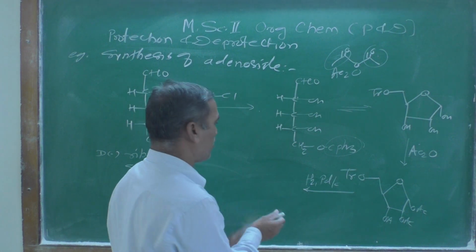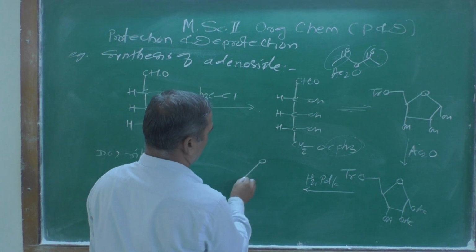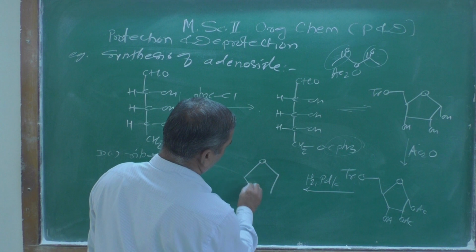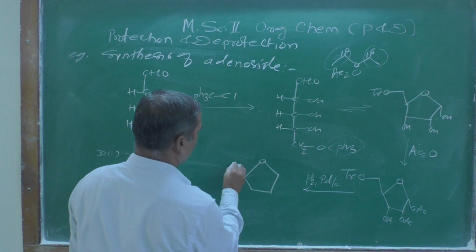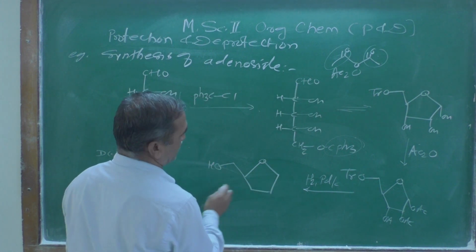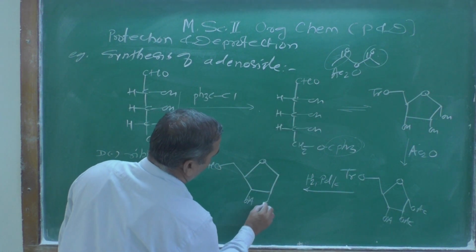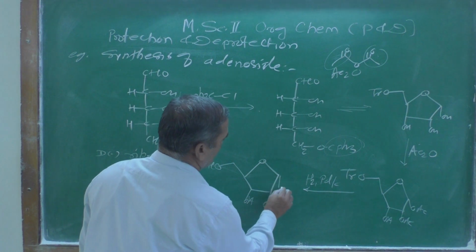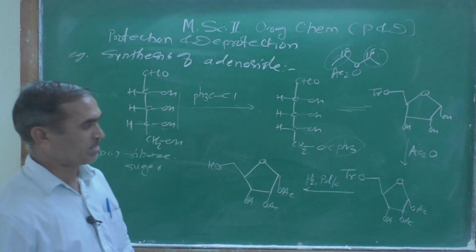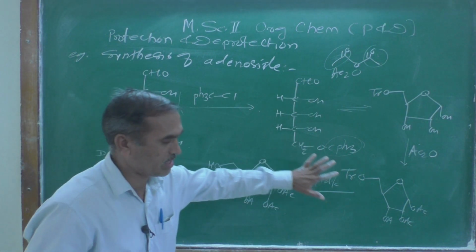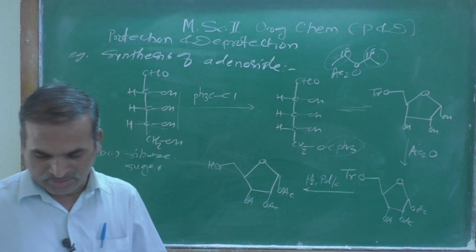These get free OH, so that we get the product over here. So here OH gets free, and this protected acetyl group does not get cleaved, it remains as it is here. So that is what we can call the selectivity of that protection.